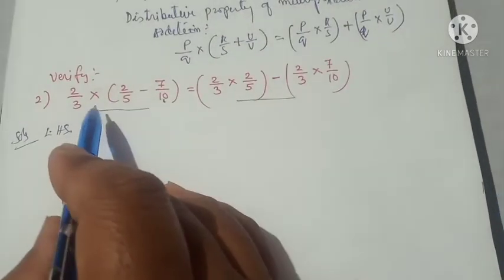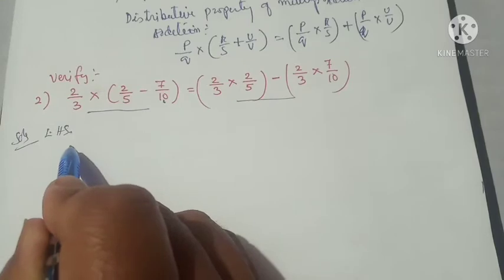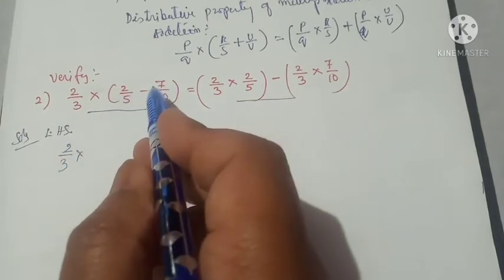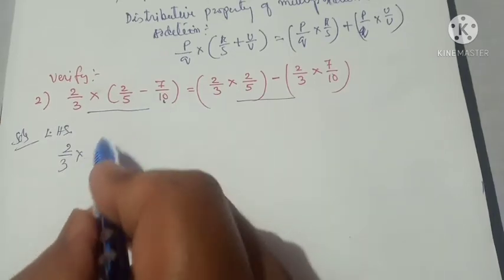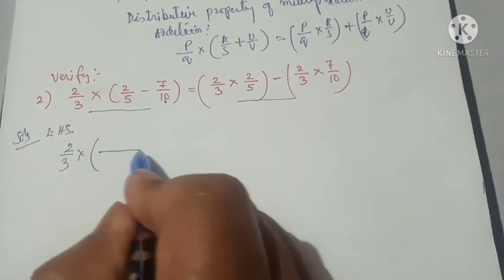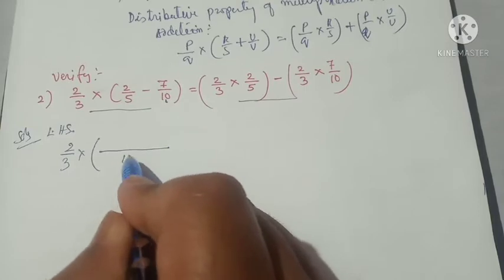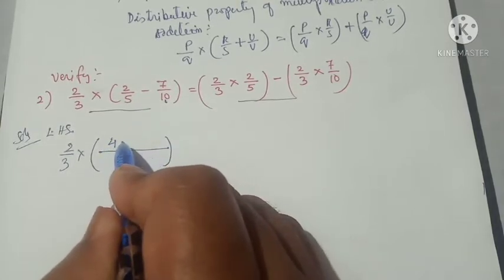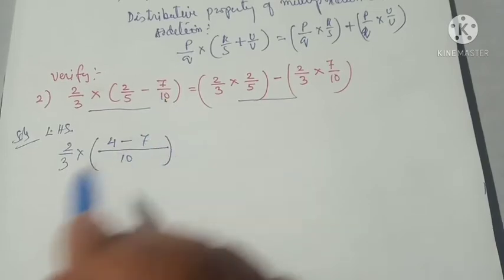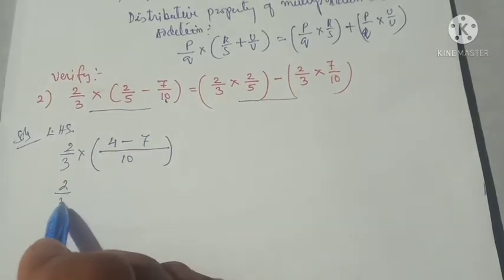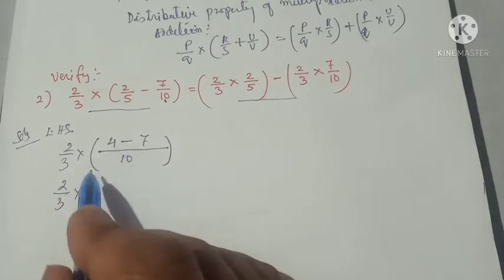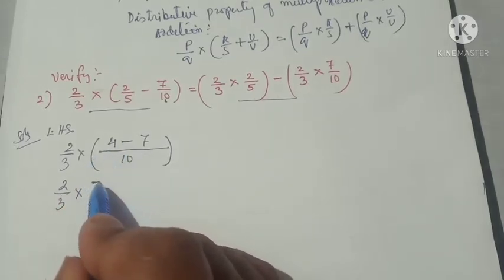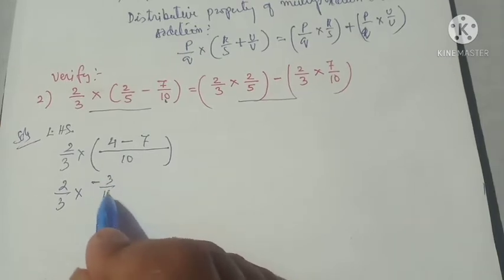In the left hand side, we have 2 by 3 into... if you take the LCM of these two, the answer will be 10, so 4 minus 7. 2 by 3 into minus 3 by 10.